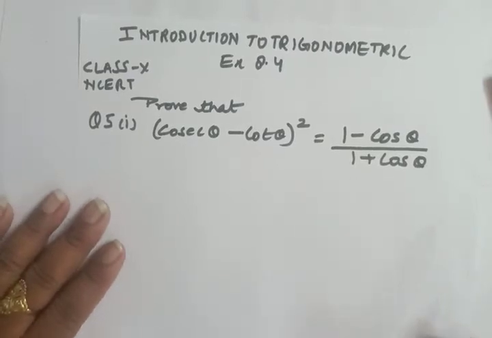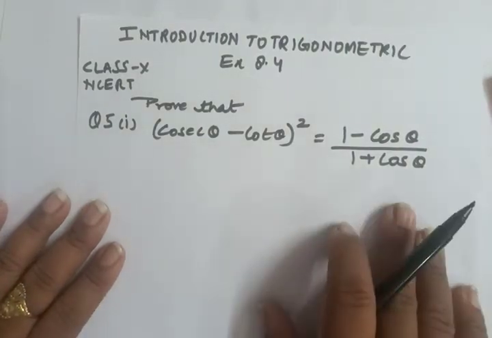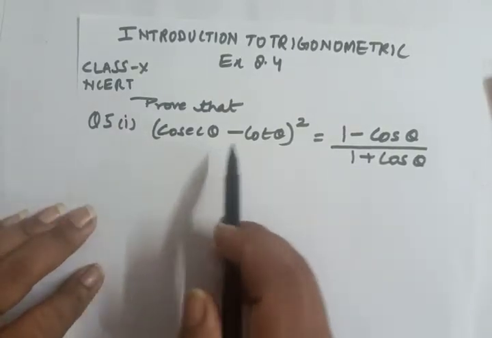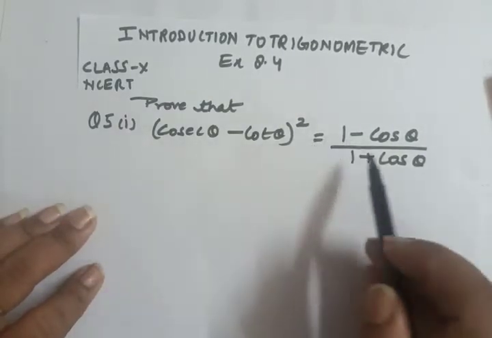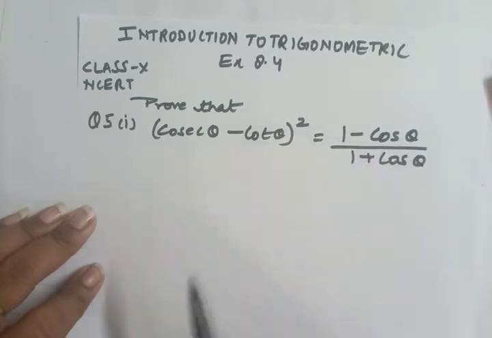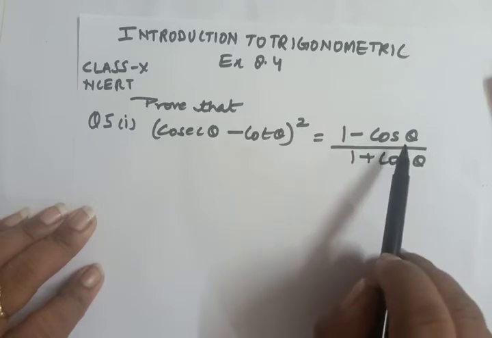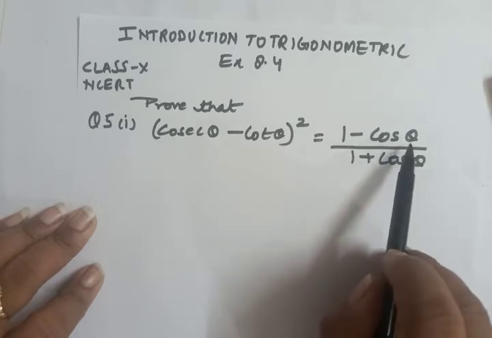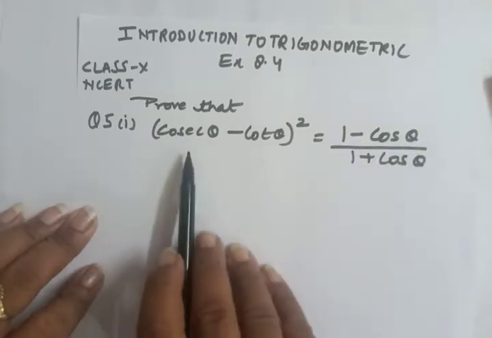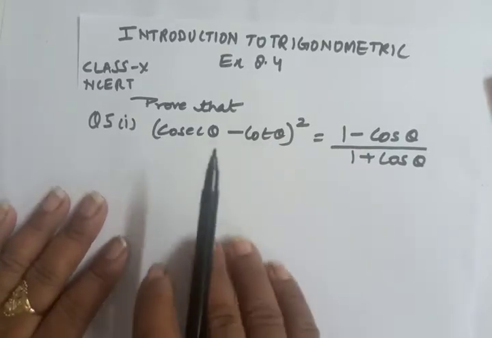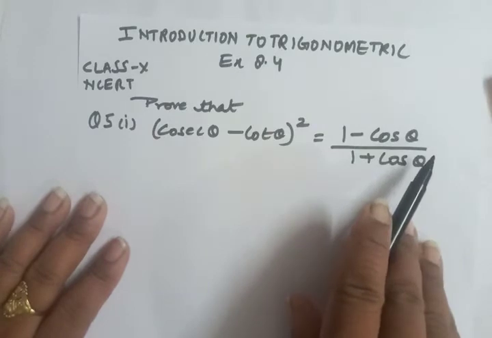Okay, so let's start. There is no hard and fast rule for a proving question; only practice can help you. So let's start. Cosec theta minus cot theta whole square, we need to prove, is equal to 1 minus cos theta upon 1 plus cos theta. If you see, the right hand side is in terms of cos theta, and here cosec and cot are given, so we have to convert in terms of cos theta.